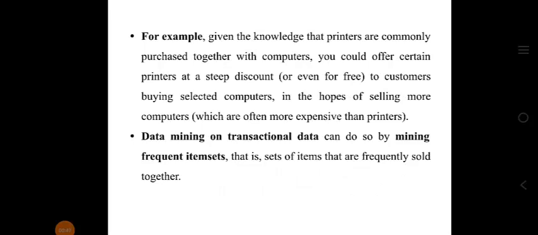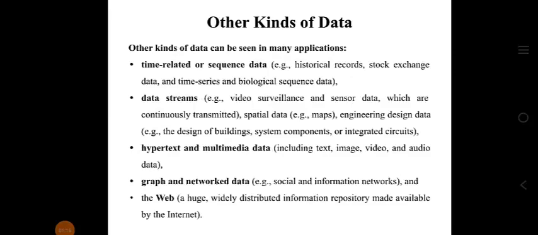For example, given the knowledge that printers are commonly purchased together with computers, you could offer certain printers at a steep discount or even for free to the customers buying selected computers in the hopes of selling more computers, which are often more expensive than printers. So data mining on transactional data can do so by mining frequent item sets, that is sets of items that are frequently sold together. So some other kinds of data will be available.